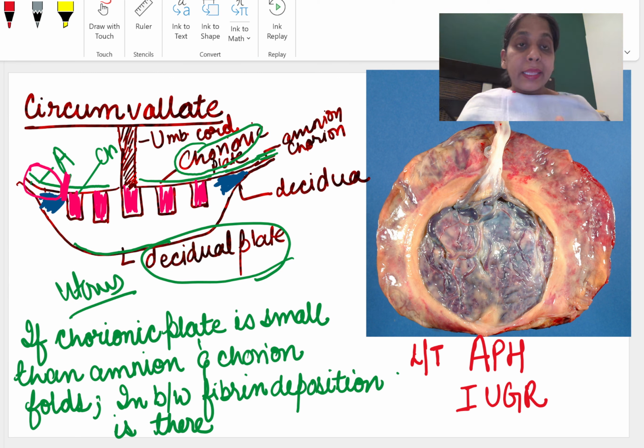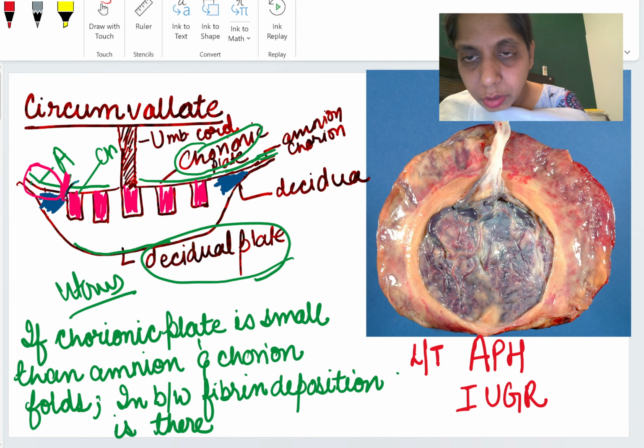Okay, then the decidual plate, the one which is below it, is small. So what happens here, you can see that this is the chorionic plate, this much, and these are the amnion and chorion.